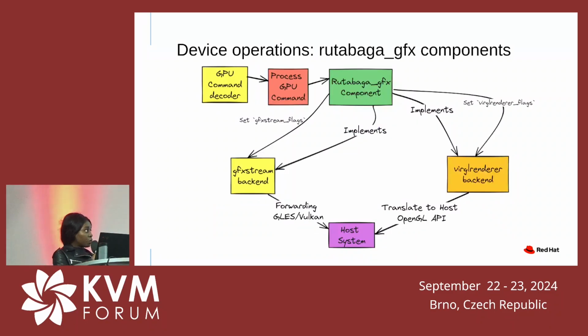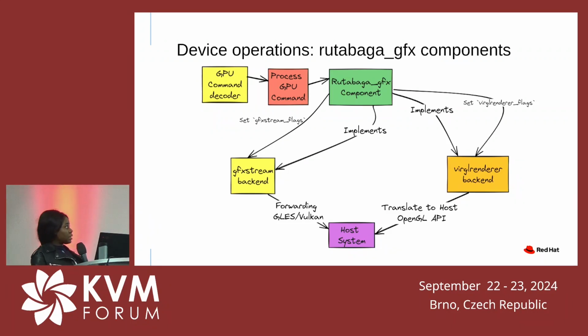For the Rutabaga component, it can either initialize virglrenderer or the gfxstream backend as a component, and it uses the virglrenderer set flag method. This specific flag would configure virglrenderer for operating within the Rutabaga framework. And the virglrenderer backend would then convert these GPU commands to OpenGL API calls for rendering.